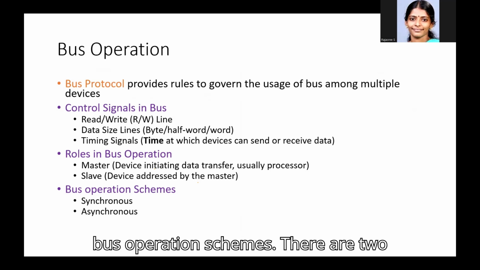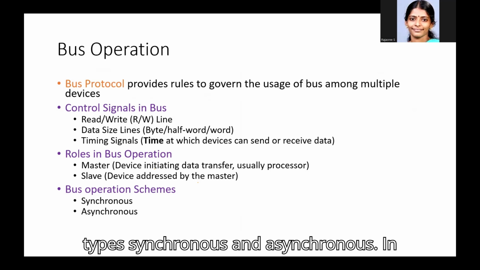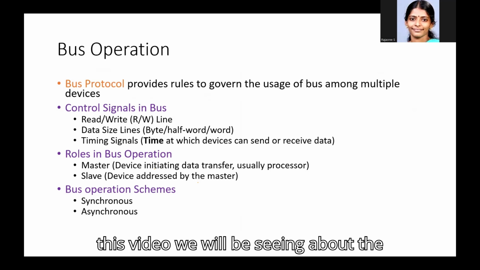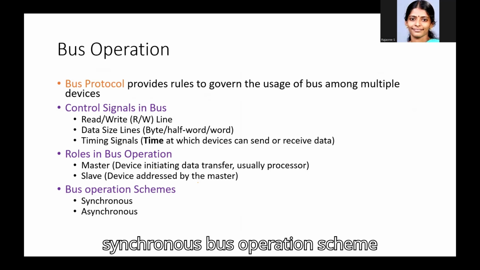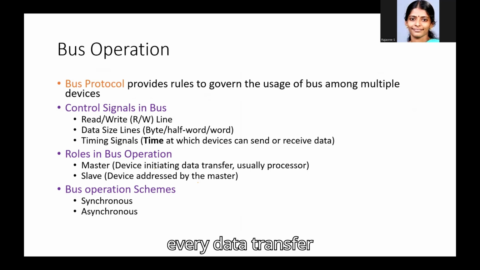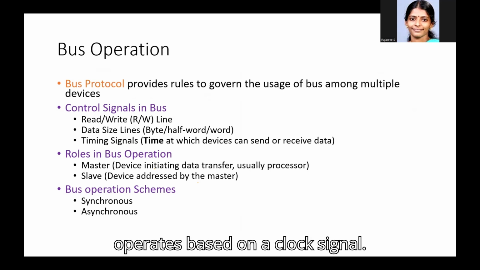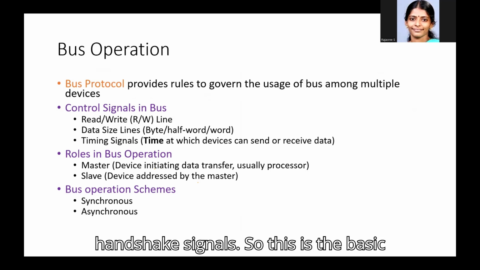For the bus operation schemes, there are two types: synchronous and asynchronous. In this video, we will be seeing the synchronous bus operation scheme. In the synchronous bus operation scheme, every data transfer operates based on a clock signal. Whereas in asynchronous, the data transfer is handled by using handshake signals.